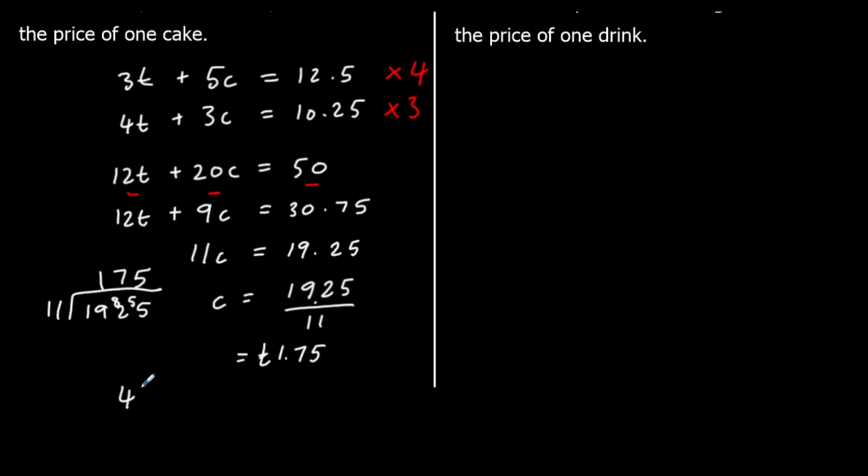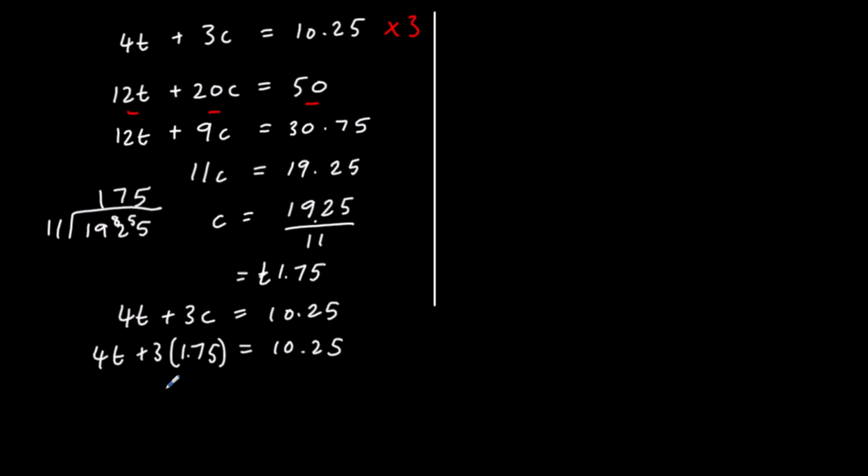So we knew 4 teas and 3 cakes made £10.25. So 4 teas plus 3 £1.75s make £10.25. 3 £1.75s. So 2 make £3.50. £5.25.